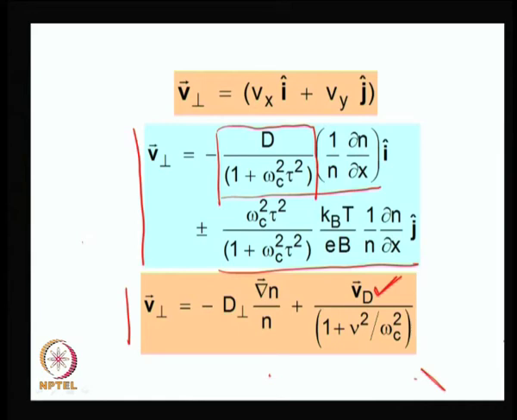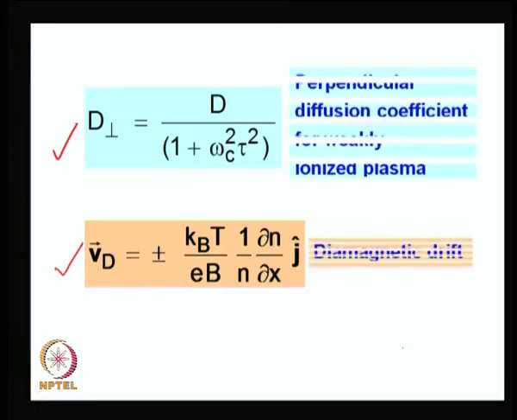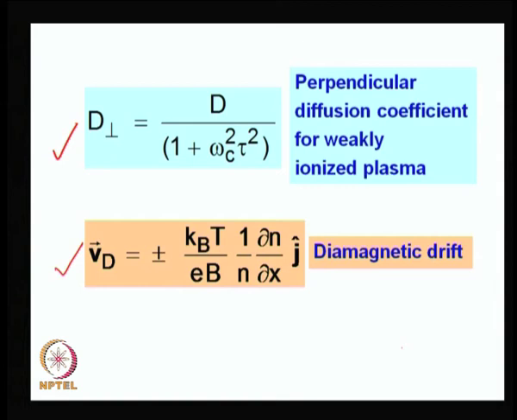So, this particular term, except for the frequency dependent term, can be written as Vd, and if you divide this whole thing by omega c square tau square, you can write the expression as 1 upon 1 plus nu square upon omega c square. So, D perp is the perpendicular diffusion coefficient for weakly ionized plasmas.